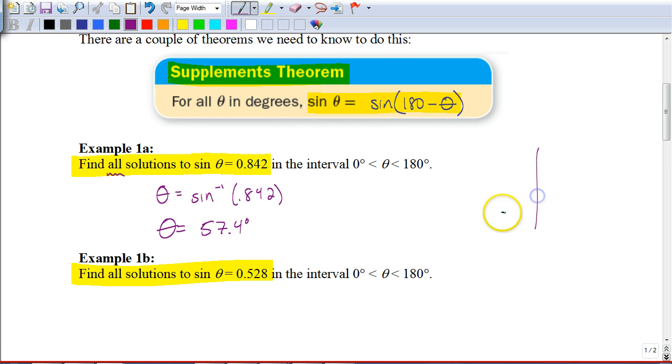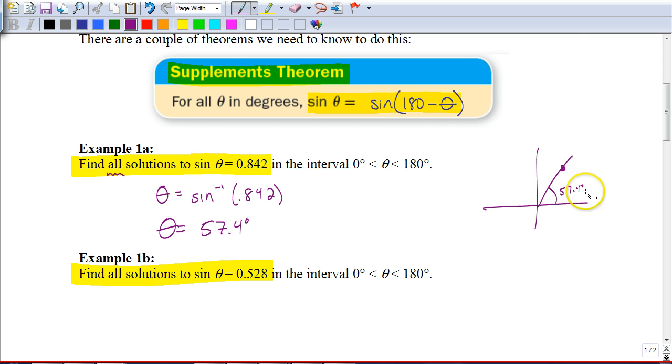Because if you think about it, in quadrants 1 and 2, we're reflecting these angles over the y-axis. So there's going to be another angle over in quadrant 2. So the sine of 57.4 degrees is 0.842, and there's another angle over here in quadrant 2 that's going to have the same sine value.